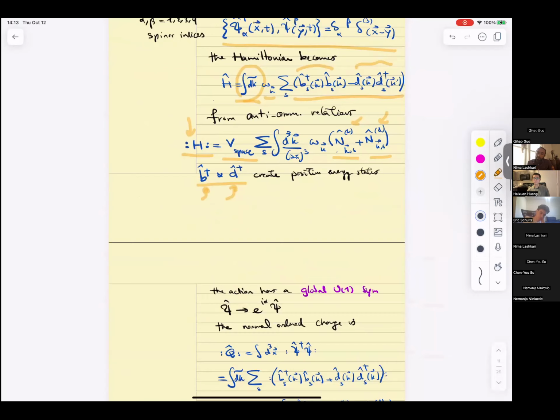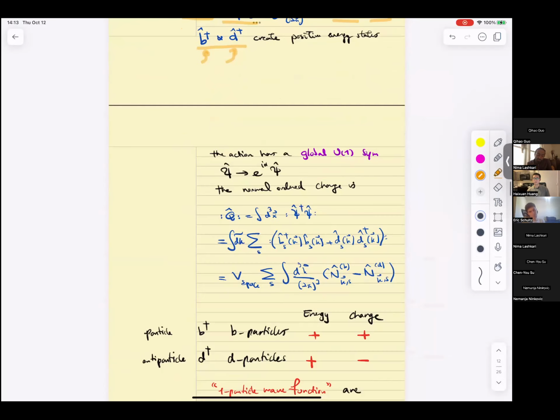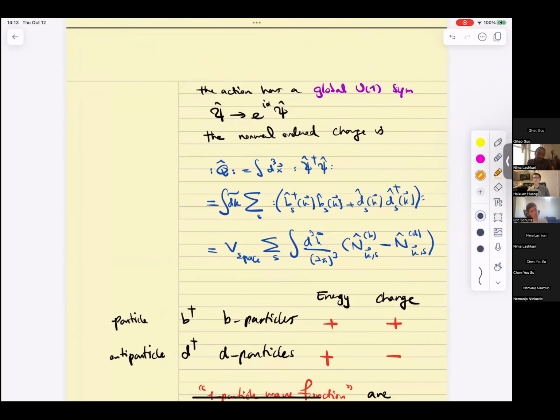All right, now is when I'm going to address the issue of particle versus antiparticle. This has a global U(1) symmetry, which is psi going to e to the power of i alpha psi. There's a charge associated with it. It's just the normal ordered psi dagger psi. And just using the standard expansion, you find the same expression as before with a plus sign. Before, in your Hamiltonian, you had a negative sign. This is reminiscent of the structure we saw for the complex scalar field.